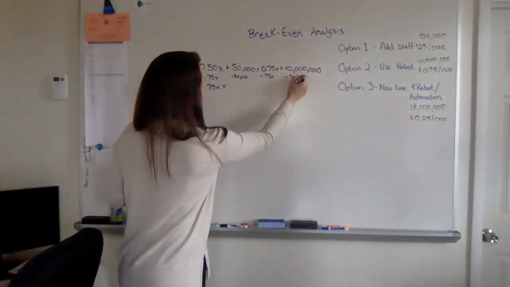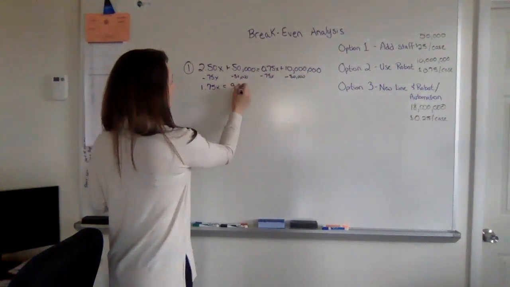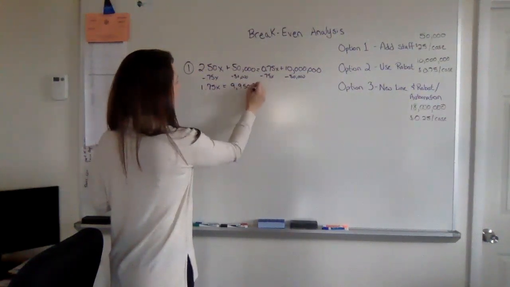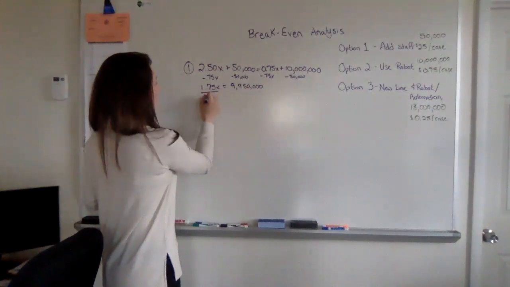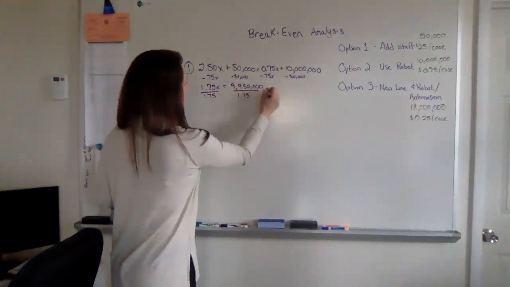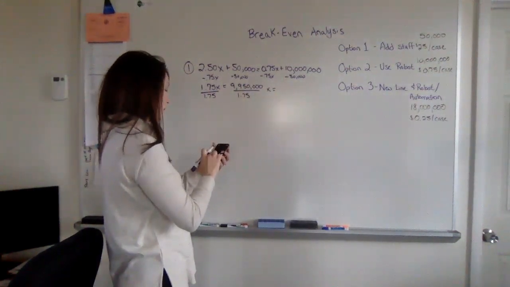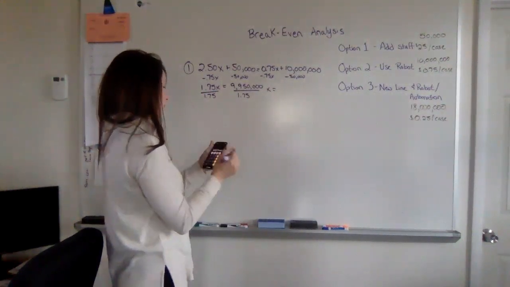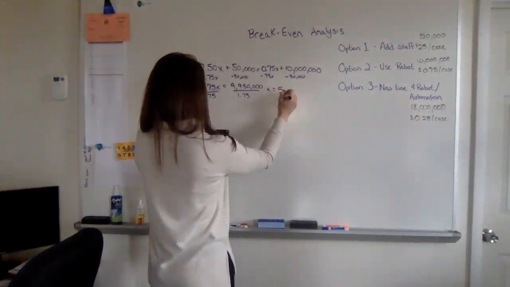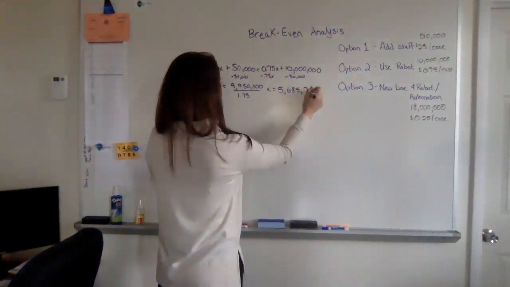That is going to give us $9,950,000 divided by 1.75. And our X is going to be $5,685,714.